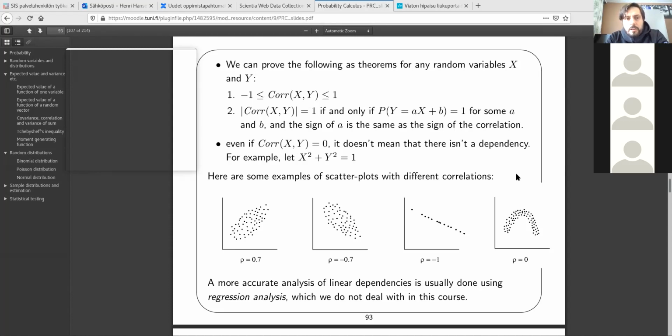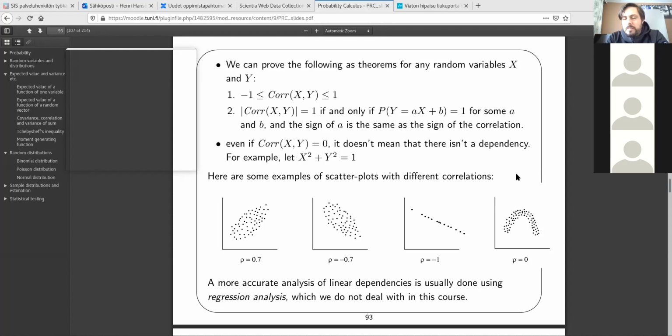So the correlation of x and y has absolute value 1. It may be -1 or +1, if and only if the probability that y is equal to ax plus b is equal to 1 for some a and b.